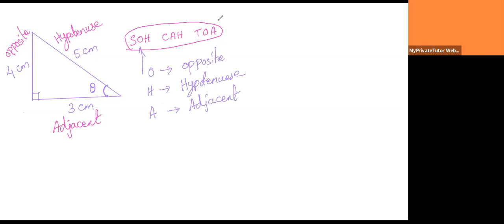And finally, you might have a question about the starting letters. The S in the first one is sine theta. In the second one we have C, that is cos theta. And in the third one we have T, so the first letter represents the ratio. SOH: S represents sine theta.